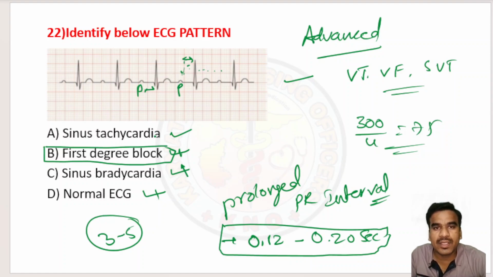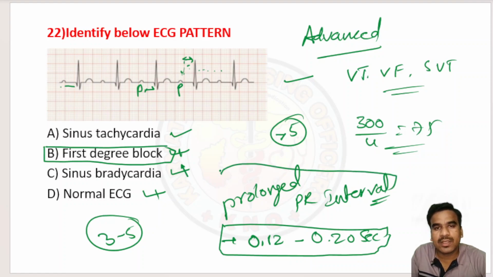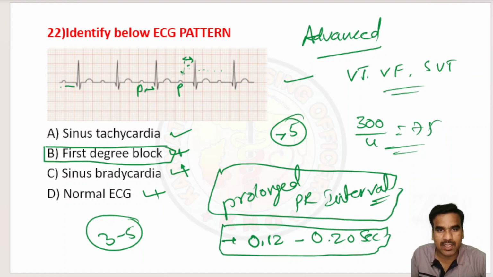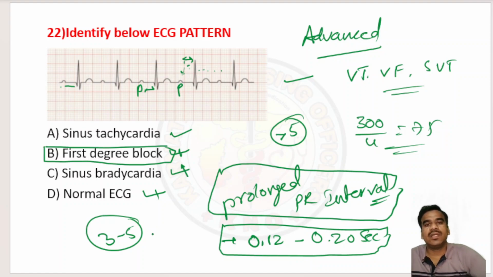But here we can see more than 8 boxes: 5 boxes plus here 3. So that is more than 5 boxes. So this is considered a prolonged PR interval. Prolonged PR interval is seen in first degree heart block. So this is the first degree heart block.